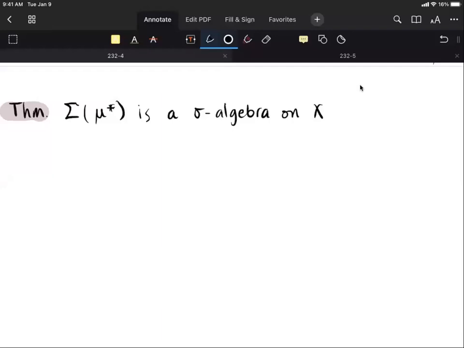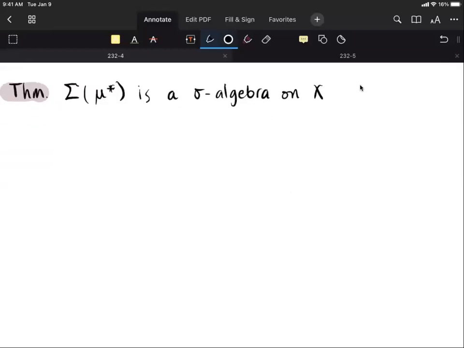So here it is: the set of all measurable subsets with respect to the outer measure mu star is a sigma algebra on X.